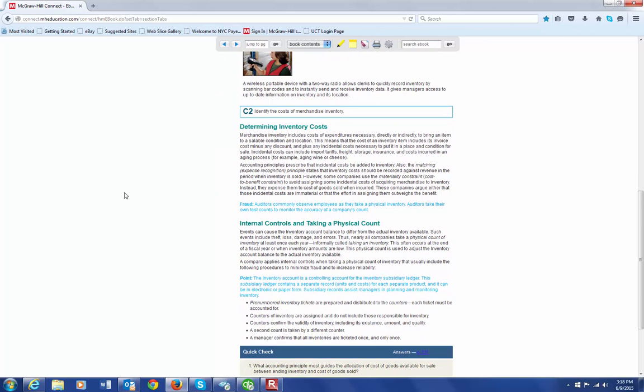Another thing to keep in mind is what we said in the last chapter: merchandise inventory includes the cost of anything you have to spend to bring an item to a saleable condition and location. So you have to take into account discounts that you receive and other expenses you might incur to be able to sell it, such as tariffs, freight, storage, and insurance.